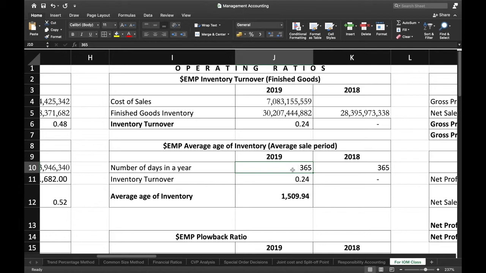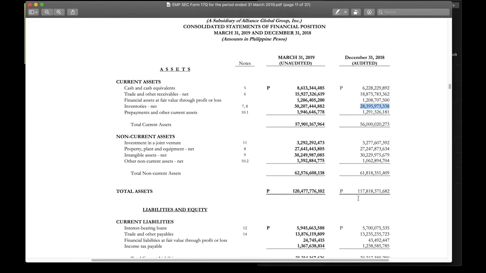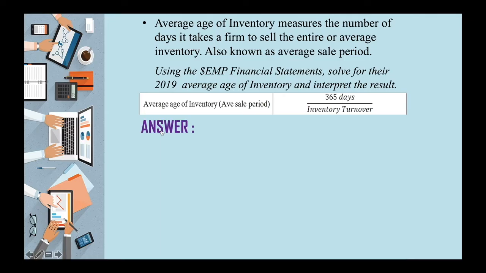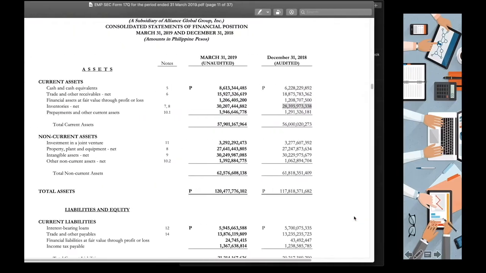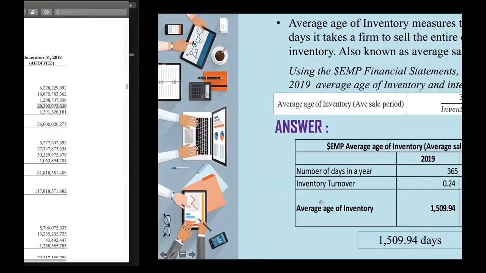Ayun yung gamit natin sa taas. So this is 1,509.24. Ito yung average na tinatagal ng inventory nila sa kanilang warehouse. Ganyan katagal. Okay. So let's go back to our PowerPoint presentation. Ayan, tama naman tayo.